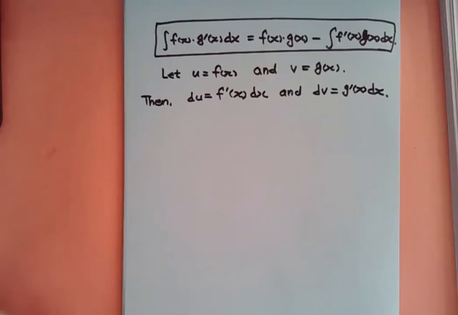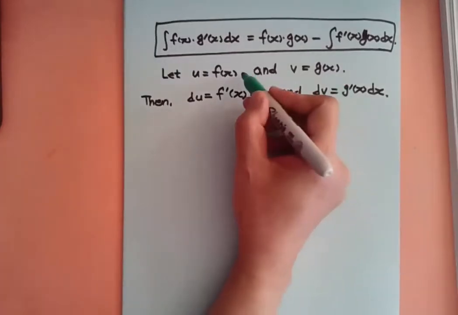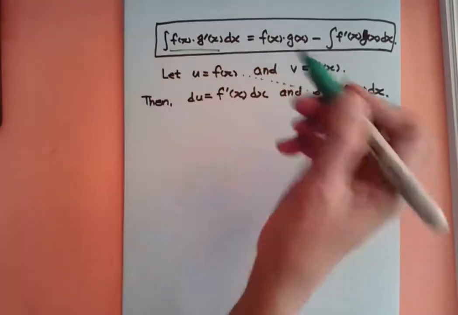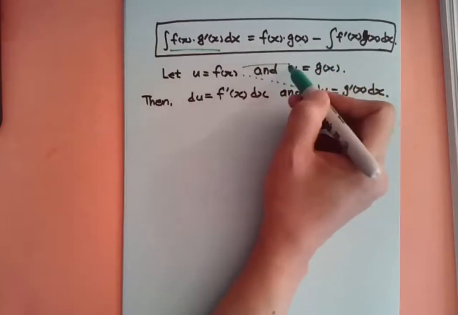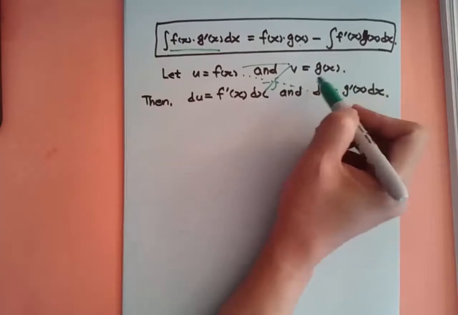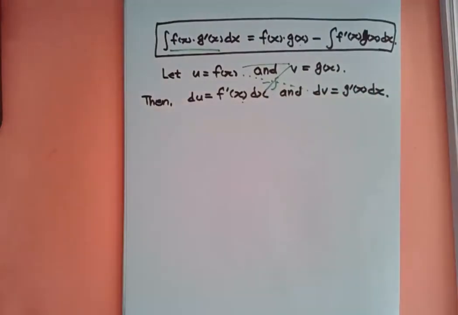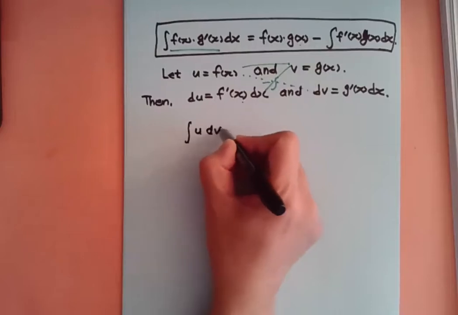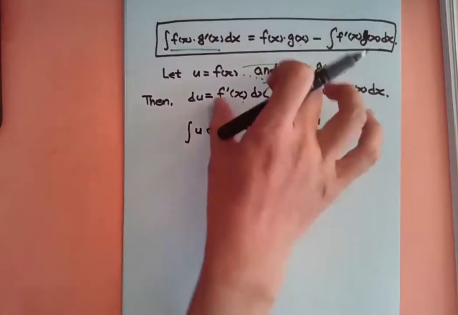The integration by parts starts with u dv initially, then combines u and v, and then minus integration f prime times g dx. So when we reformulate, that is u dv equals uv minus integration v du.